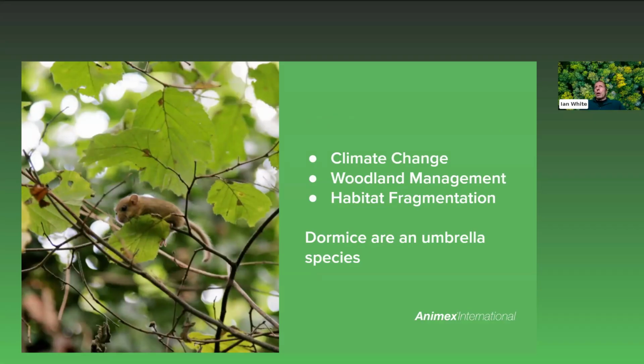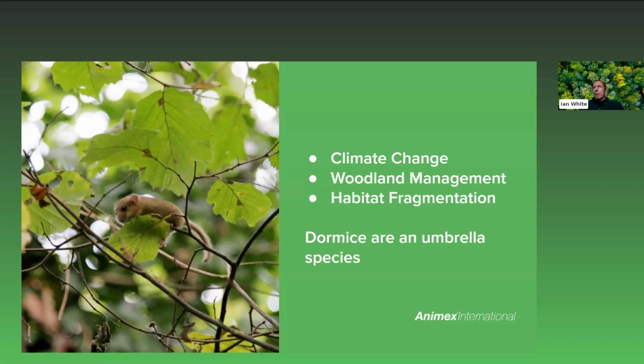Now, the implications around climate change are obviously ongoing, but given that when dormice go into hibernation, we usually lose between 40 to 70% of the population every year during the hibernation period. So it's quite a vulnerable time for them.